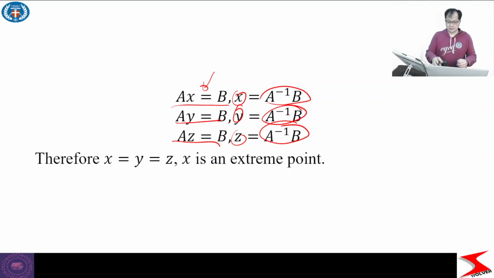All of this explains that an extreme point is a feasible solution for your system. That means all of the feasible solutions will be located at the extreme points of the feasible region. So the optimum will definitely be one of these feasible basic solutions.